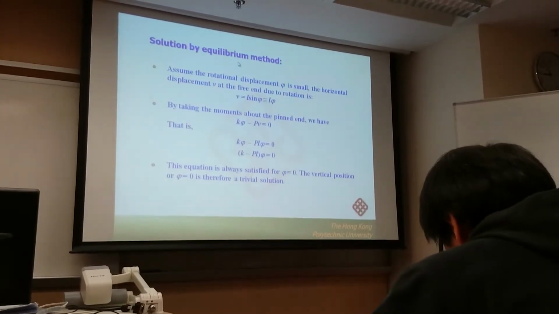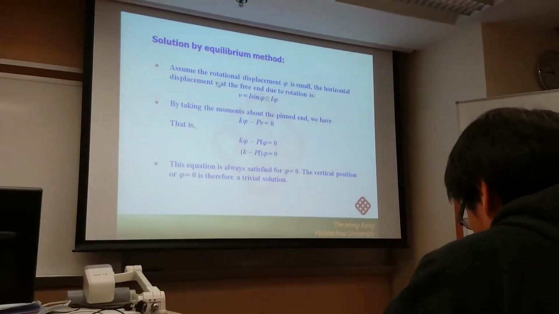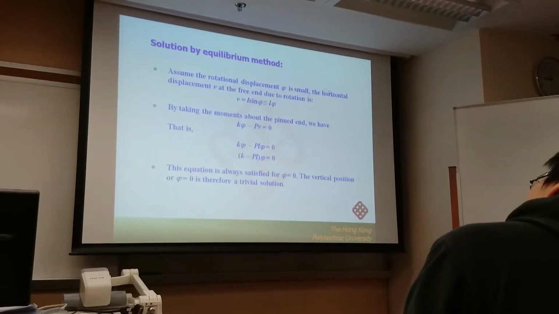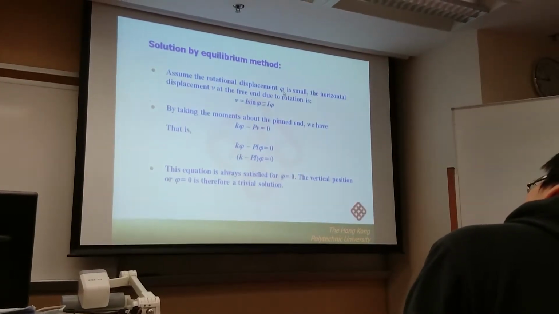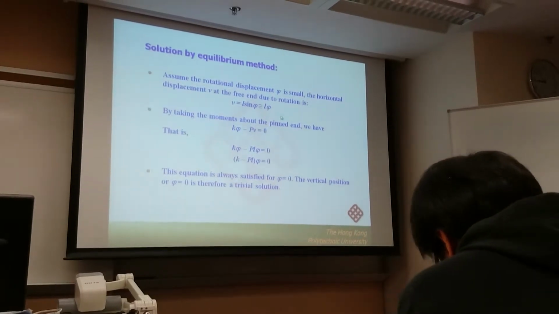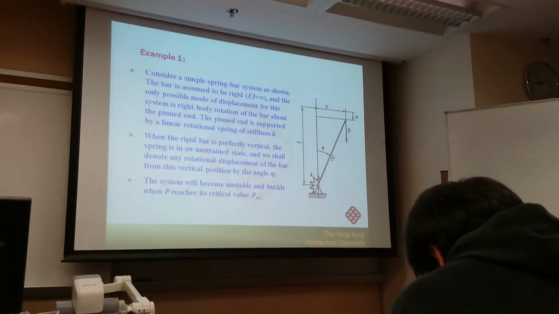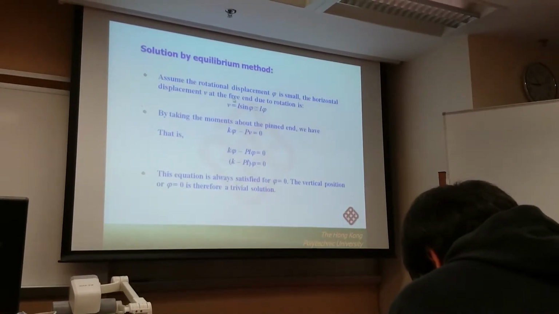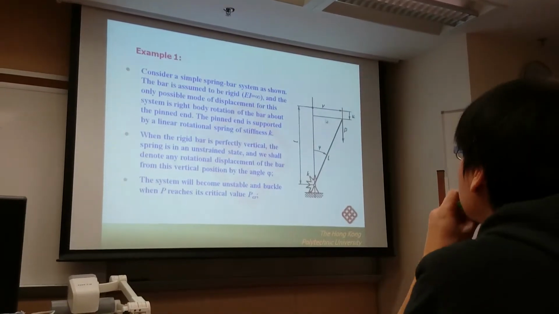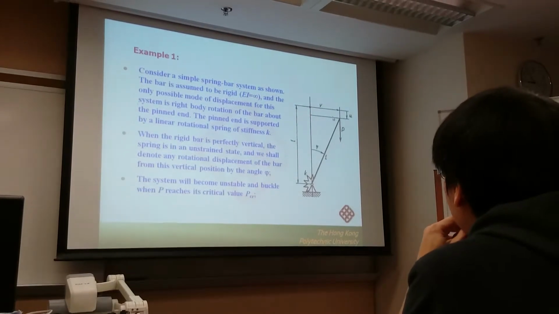Firstly we apply the equilibrium method. We first consider a very small rotation displacement, which represents a small disturbance. Due to this small disturbance, we can obtain the horizontal displacement. Please understand, this displacement is not due to deformation.